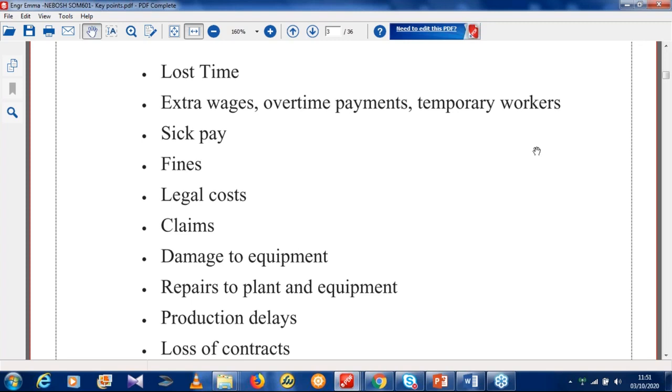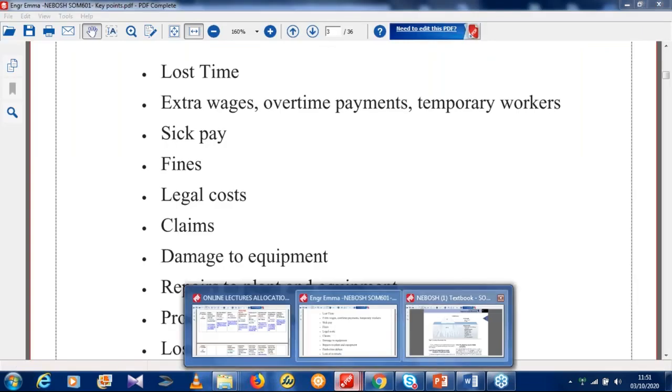Then it could also be insured or uninsured. And you could also have what we call the employer's liability insurance. Okay. So employer's liability insurance. I'll show us something quickly that describes this part.